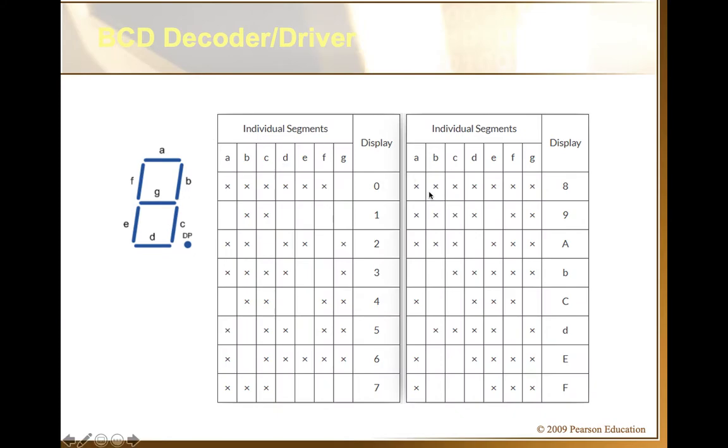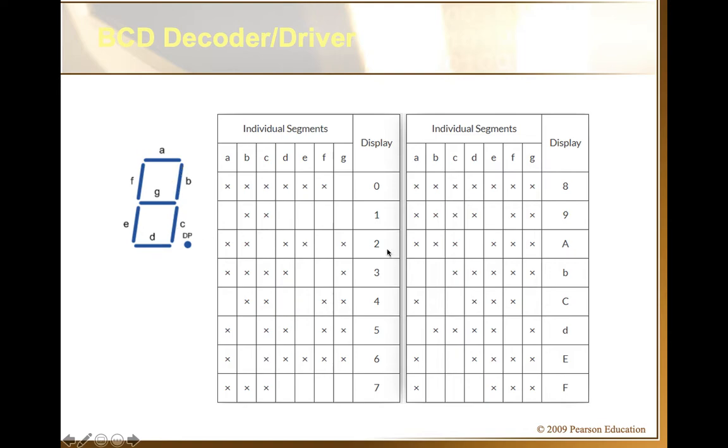Before we do that, I put this particular table here just to indicate how your segment and output lines will generate the output. For 0, all of these segments will light up. For 1, only B and C will light up.